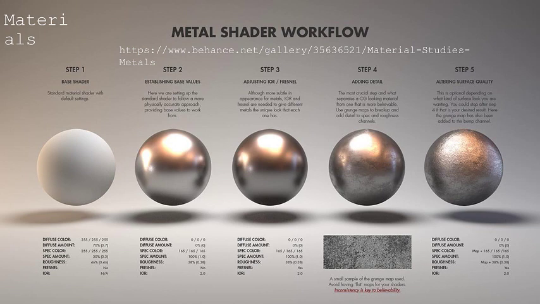Next is adjusting the IOR or the Fresnel, although more subtle in appearance. For metals, IOR and Fresnel are needed to give each metal the unique look that it has.